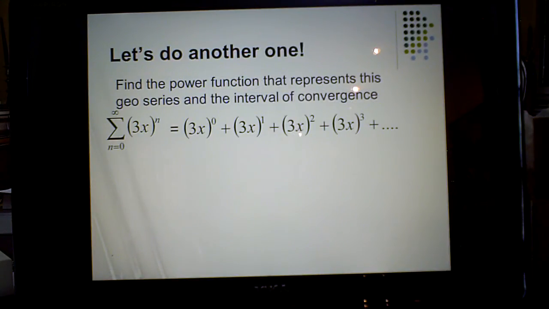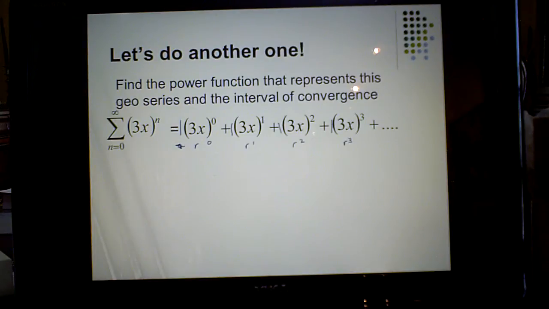Right, a, which is 1. a r to the 0, a r to the first, a r squared, a r cubed, right?